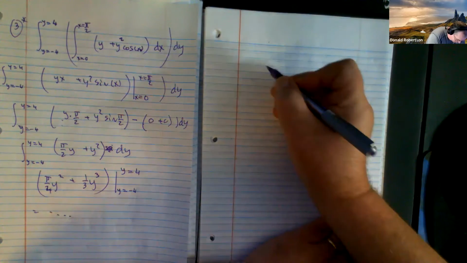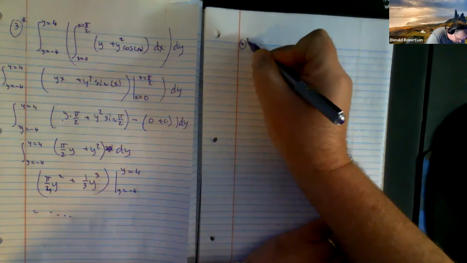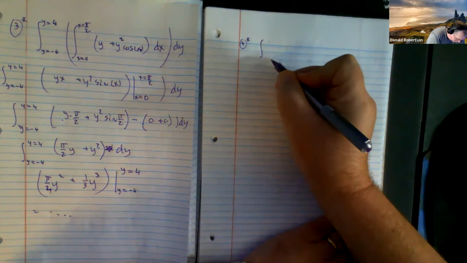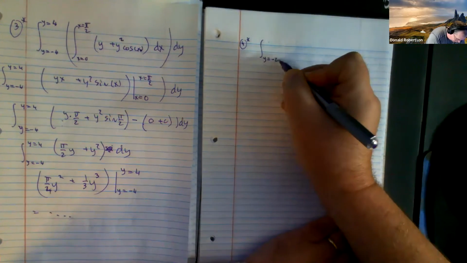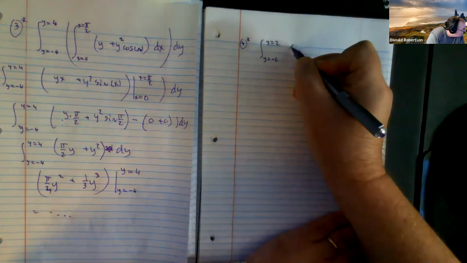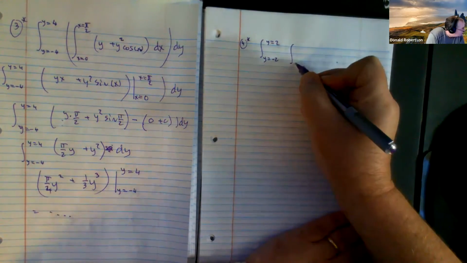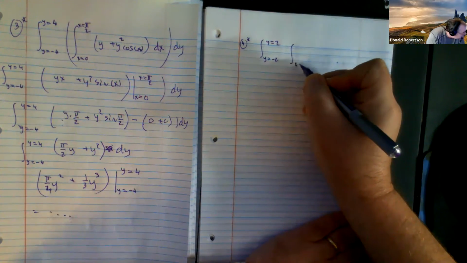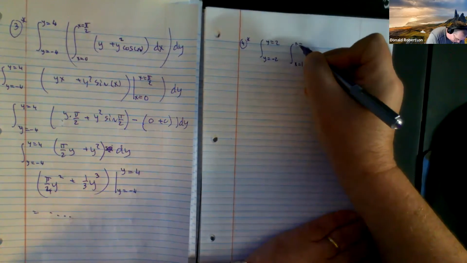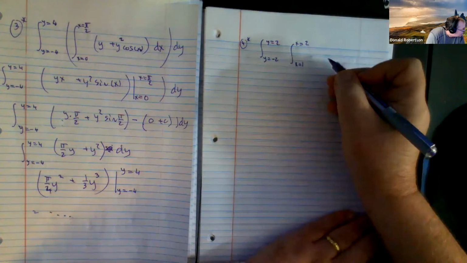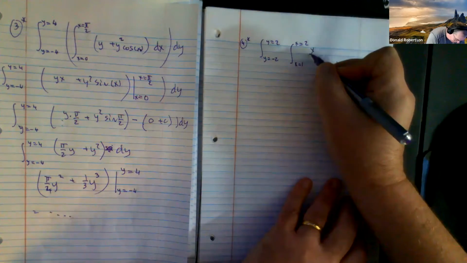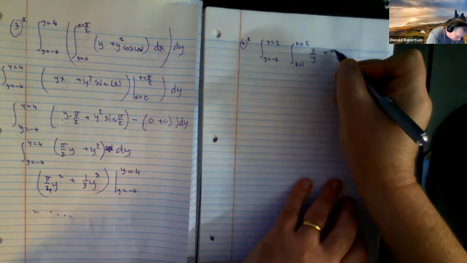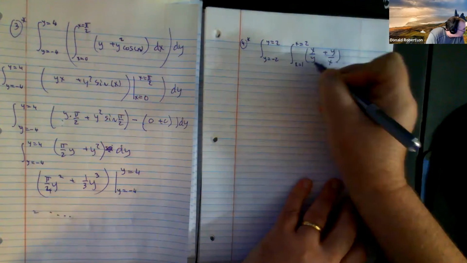Let's do one with fractions in it. So I'm going to do the integral from y equals -2 to 2, and the integral from x equals 1 to x equals 2. And the function is x over y plus y over x.